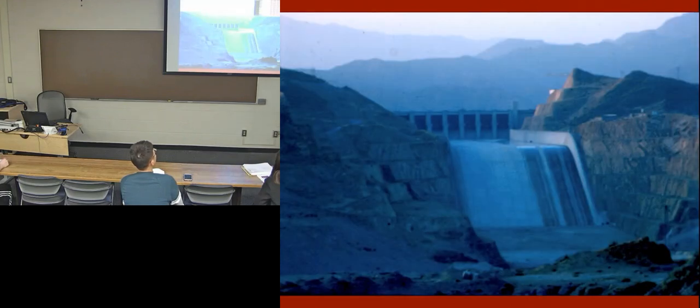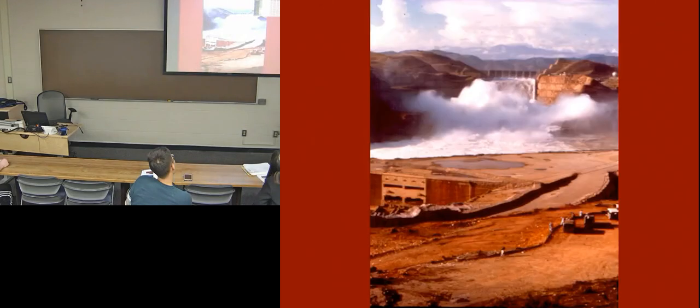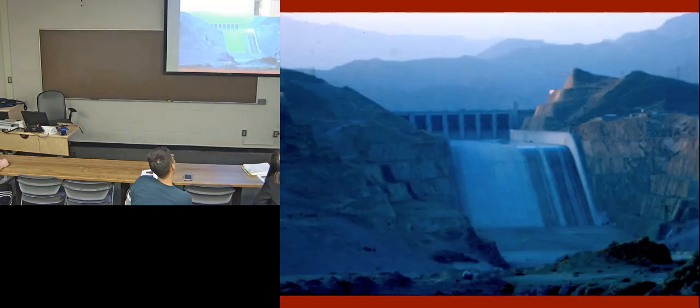Now, from downstream, we're looking up at the gates of the service spillway. Before any water had gone over, well, there's some leakage there, but that's not much. And notice again, before it comes, the nice manicured zone below the spillway.